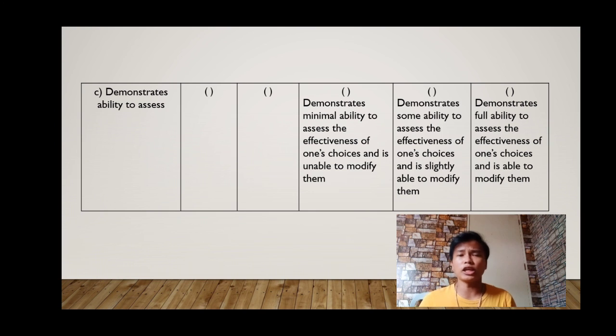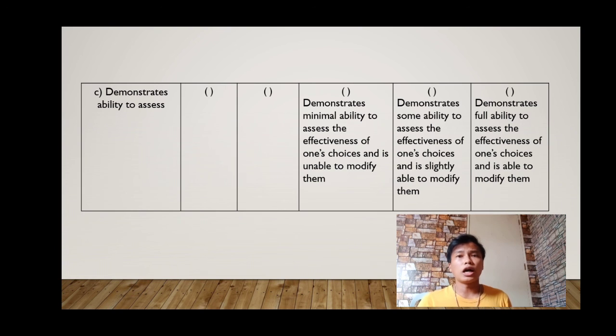An example of this is when the students can represent, or explain, or evaluate the effectiveness of the choices of others, but with minimal ability. They just have a minimal ability to assess the effectiveness.